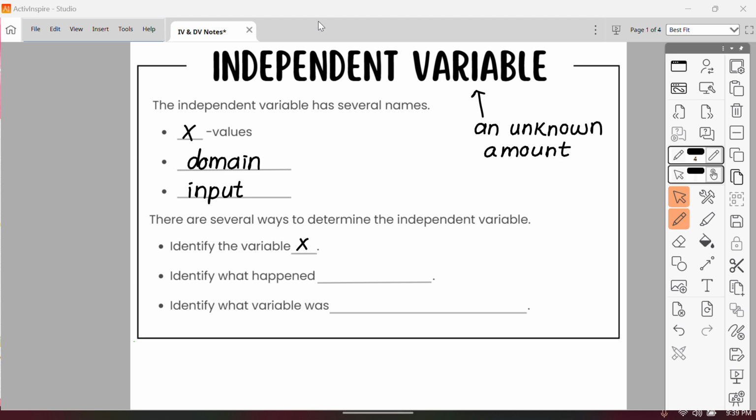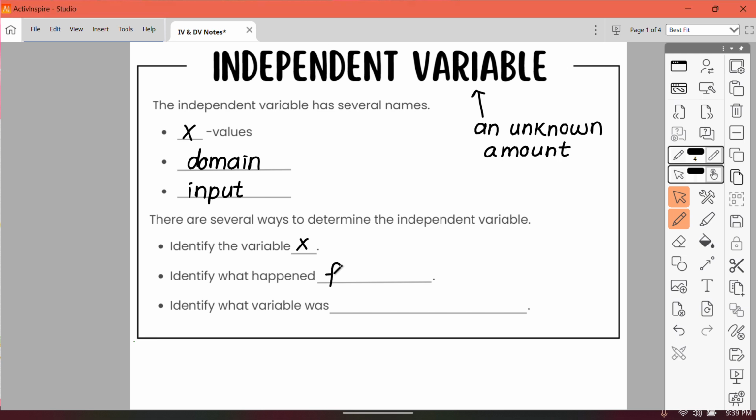You can also use a couple other ways to determine what the independent variable is. A lot of the times in our word problems, it's whatever happened first. And then this last one is a science definition pretty much. It's whatever variable was manipulated.